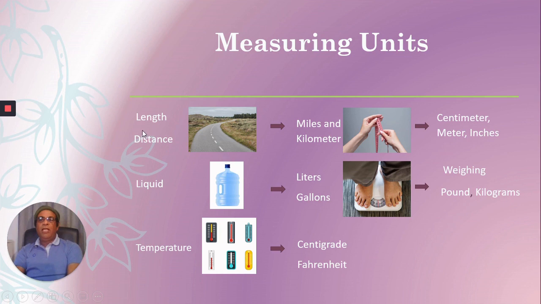So for length, we use miles and kilometers or centimeters, inches. To measure liquid, we use gallons, liters. For weighing, we use pounds or kilograms. For temperature, centigrade, Fahrenheit. But how do we measure the level of satisfaction?